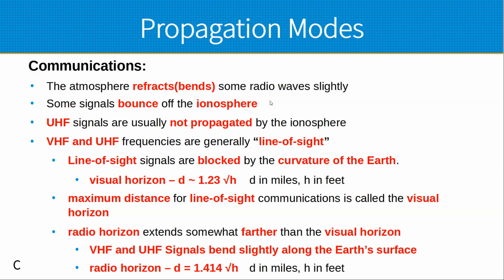So some of them will actually bounce off. Some will go straight through, like UHF and above. Typically, there's no refraction, at least is my understanding. That's very little. Some on VHF.